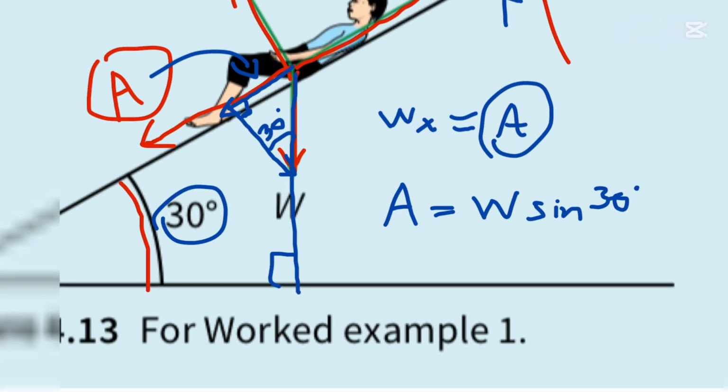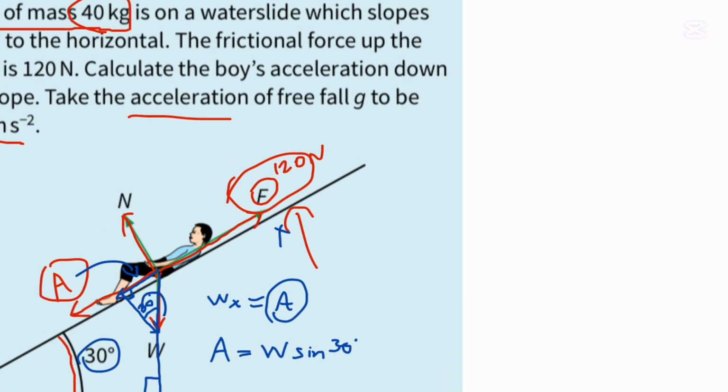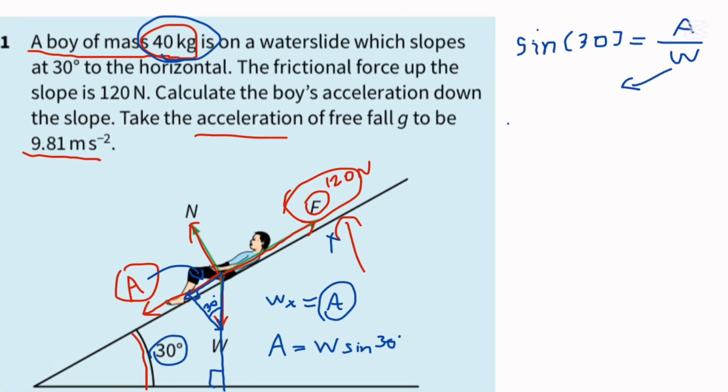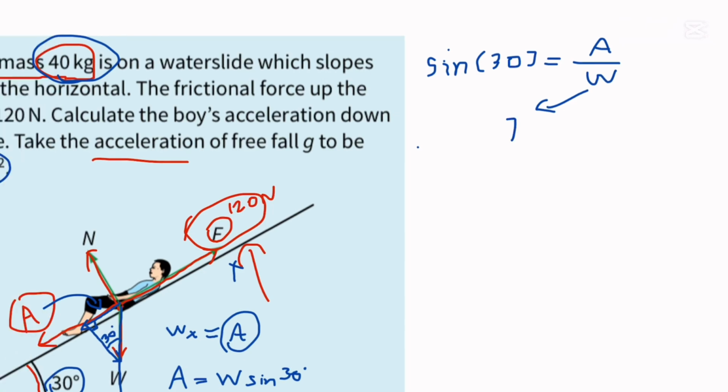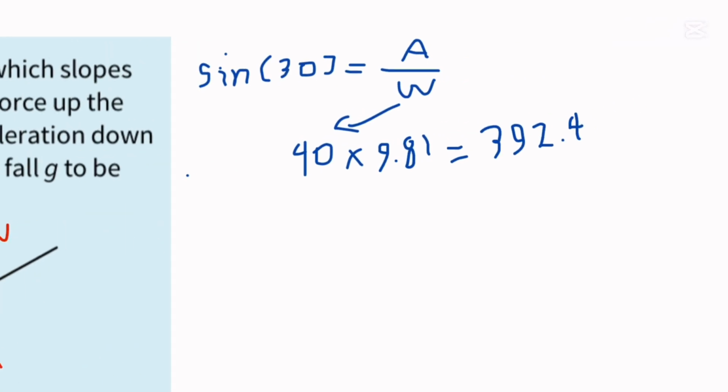Now you just use the equation here. Sine 30 is equal to the opposite length, which is A, over W. We can find W by multiplying the mass and the acceleration of free fall, so 40 kilograms multiplied by 9.81, and that will get 392.4 newtons of force.